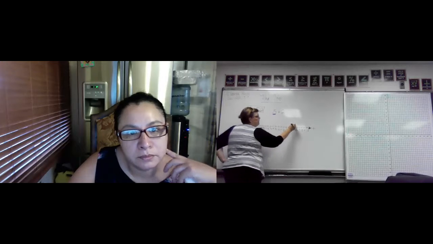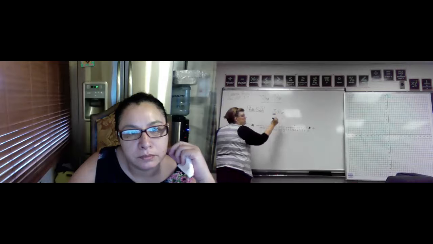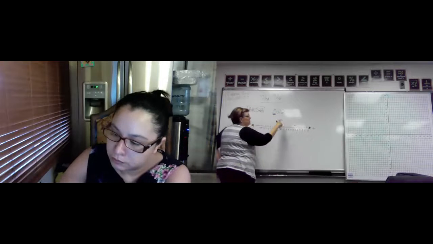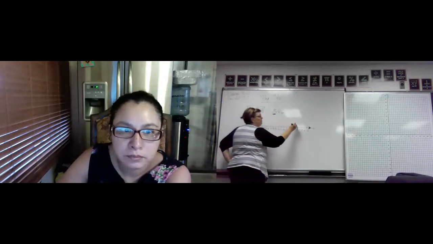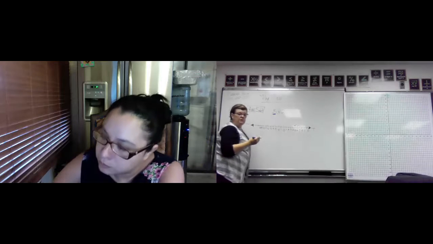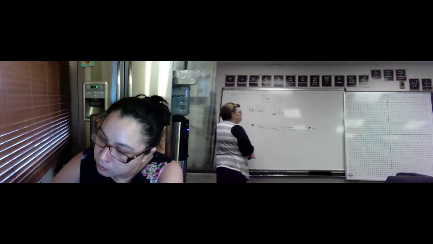So we're going to go to 5. And then it says to go in a positive direction. So we're going to go in a positive direction 2 places. 1, 2. And so your answer is 7. Do you see? And I used a very easy problem to show you how we're going to do this.